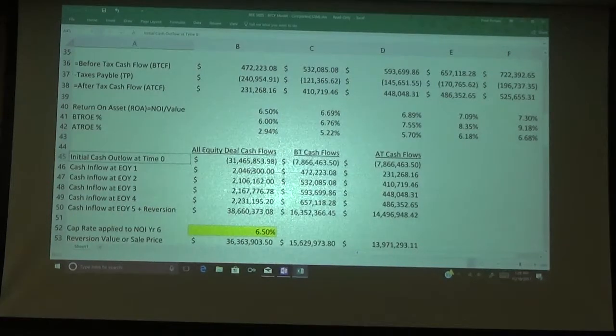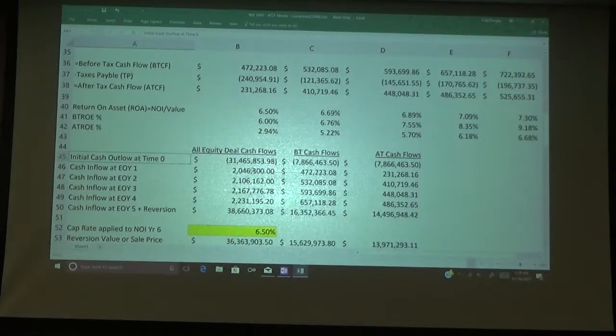Okay, so just to prove the point, year 6 NOI, go up here. NOI for year 6 is equal to $2,363,653.73, all right?